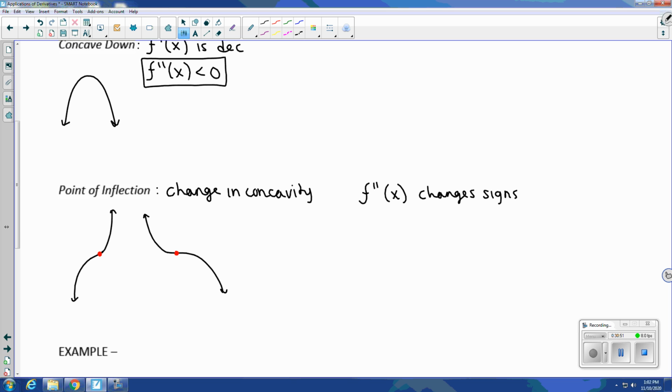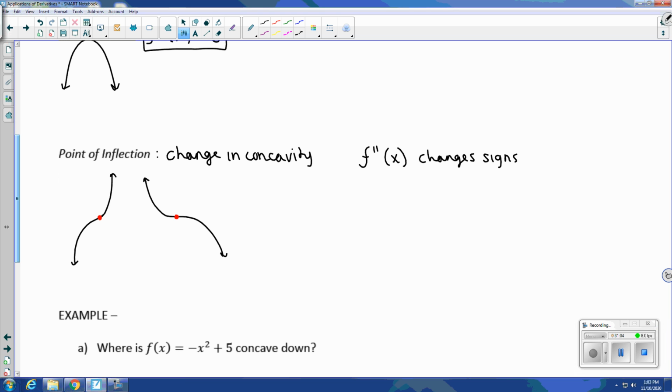Points of inflection can be found by considering critical points for the second derivative.